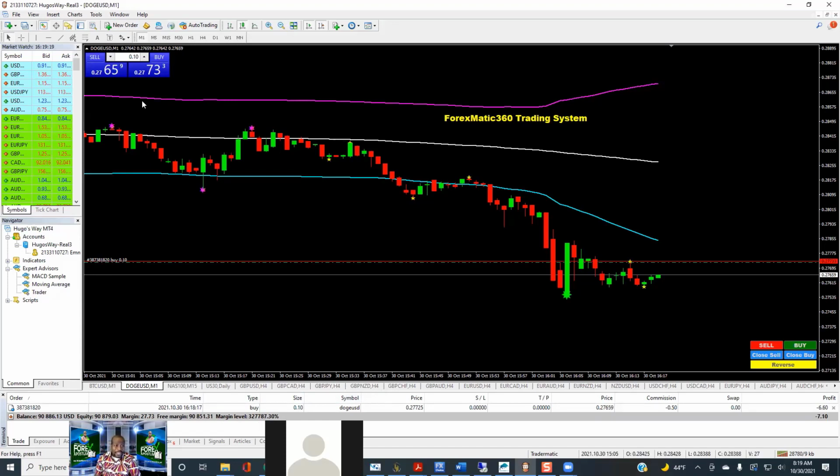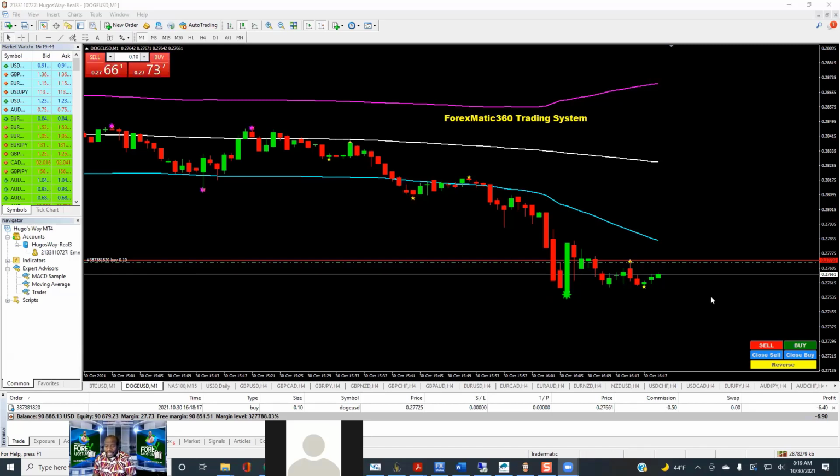So you can imagine I put 0.1 for Doge USD. This is a 1 minute chart, so that we are able to practicalize what we are talking about. Now I put in that 0.1 trade, and I'm expecting the market to go up. Let's say the market continues going downward.